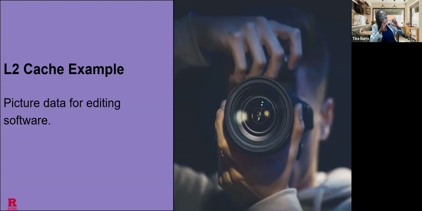Keep in mind, if you have editing software, there's going to be a massive amount of information for pictures, and you don't want to keep that in your L1 cache, right? You want to keep your L1 for common instructions and common data. But as you go to pictures and you're editing things, you have probably too much data to store all in the L1 cache.